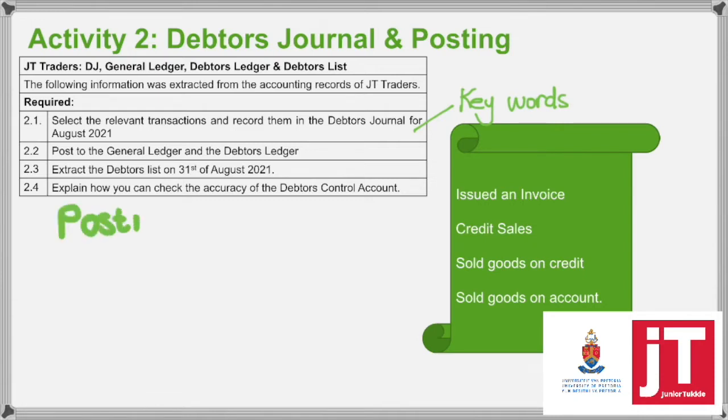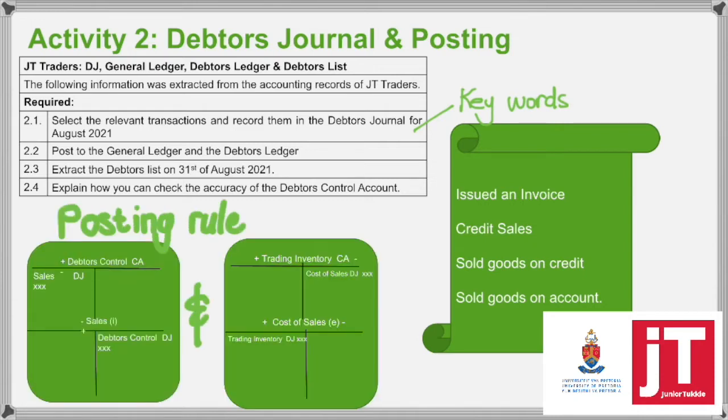And then the posting rule, if we post the debtors journal, we post to 4 accounts. First of all, to record the credit sale, we post to the debtors control account and the sales account. And to record the stock that we sold, we have to record to the trading inventory and the cost of sales account. And we will go into more detail when we do the posting.